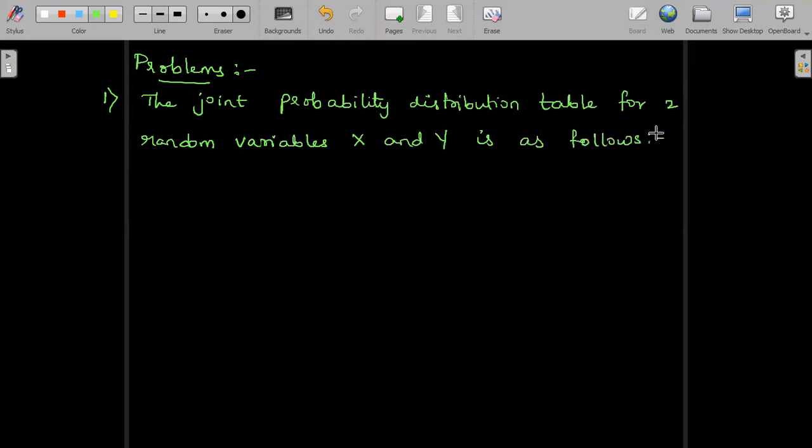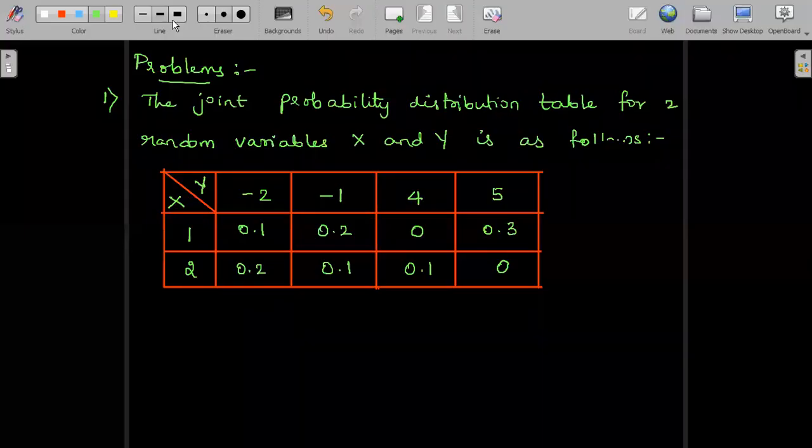So we are given the joint probability distribution table, and with that we are asked to find the marginal probability distribution and the standard deviations and other things. So first we'll frame the table for that. Right. So given this table for us, this is the joint probability distribution table.